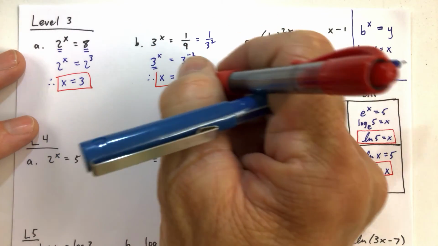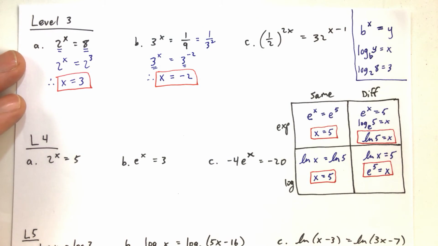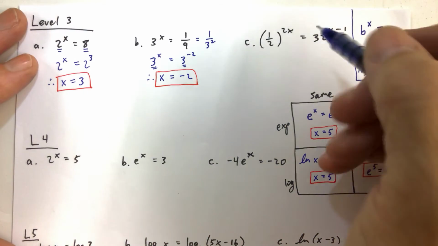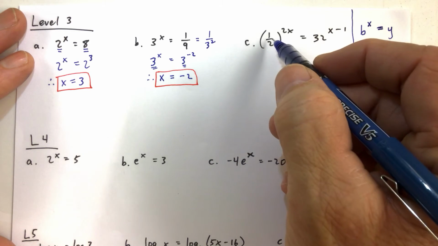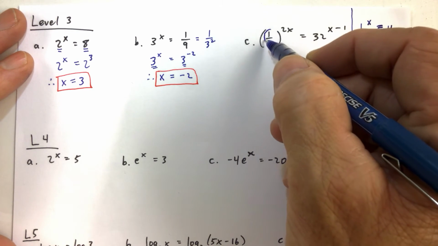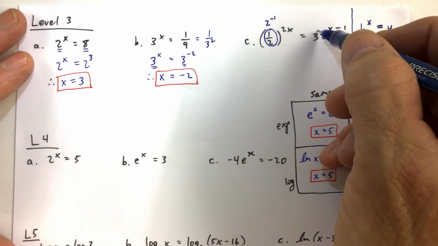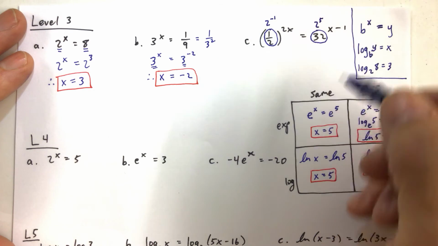All right, then we get probably the most challenging one, and a super common type of exponential equation that you would see in a section like this, where you have to recognize that 1/2 can be rewritten as 2 to the negative 1, and then 32 can be rewritten as 2 to the 5th power.